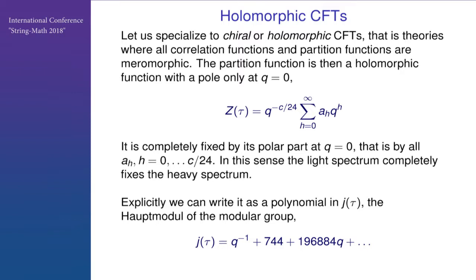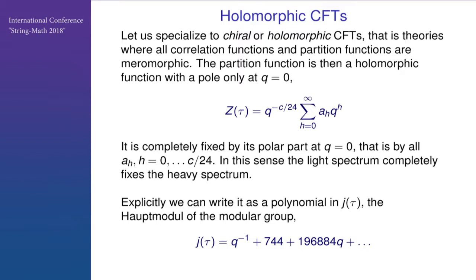And in particular, for the partition function itself, you can either consider it to be something holomorphic times something anti-holomorphic, or you can just forget about the anti-holomorphic part and just consider the holomorphic part. And in that case, the partition function is almost a holomorphic function. It does have a pole at q equals 0, which comes from the q to the minus c over 24 prefactor. So this is what's mathematically often called a weakly holomorphic function.